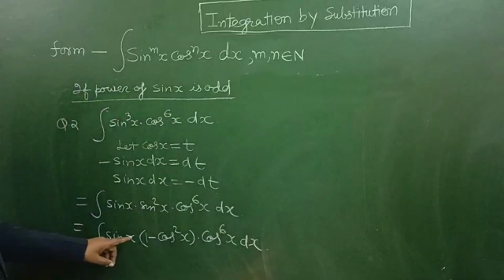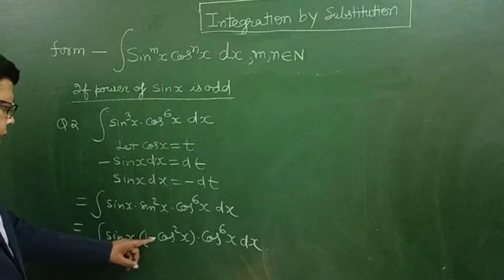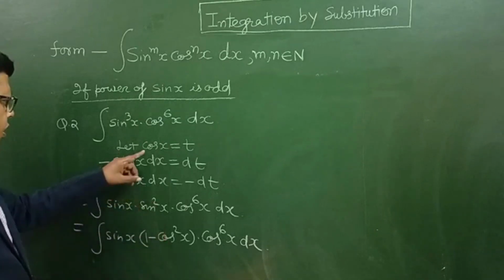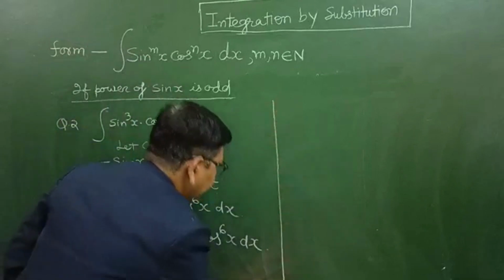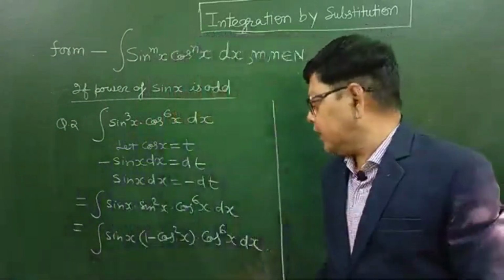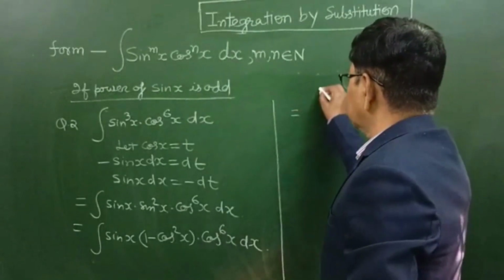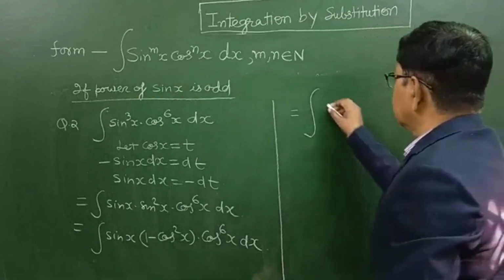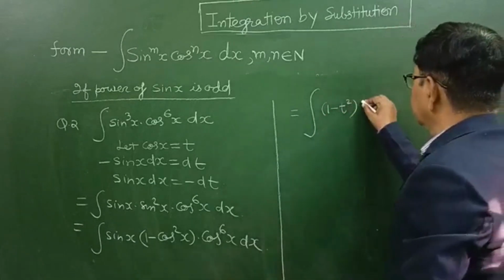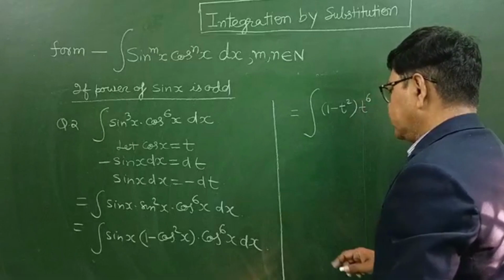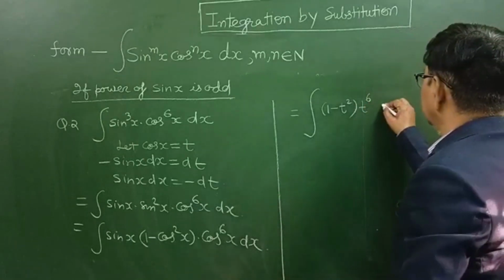Now replacing sin x dx by minus dt, and putting cos x equal to t, this integral reduces to (1 minus t^2) into t^6, and sin x dx will be replaced by minus dt.